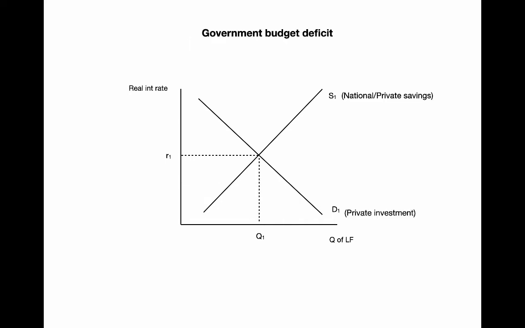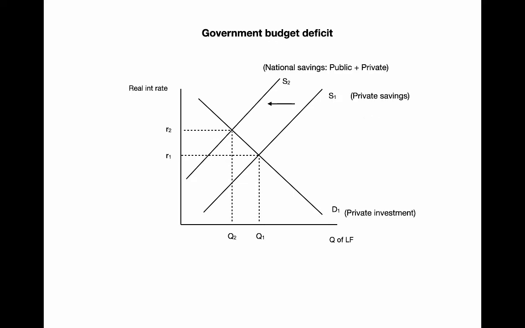Okay, so now the government is going to be borrowing, spending more than they bring in taxes. And so first we started with just private savings, which made up national savings. And now when the government starts borrowing, the way we're going to do that is to reduce the amount of public savings. So we have negative public savings.